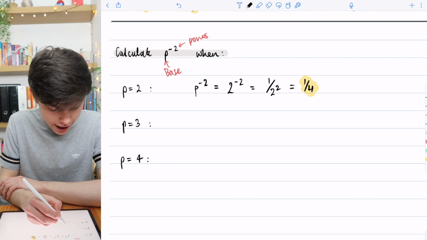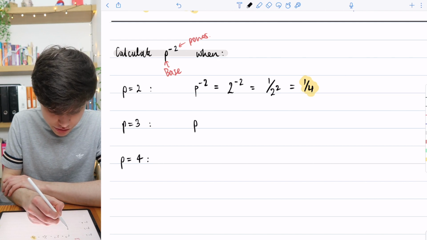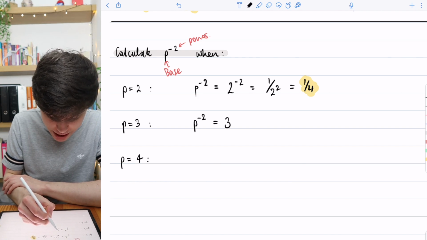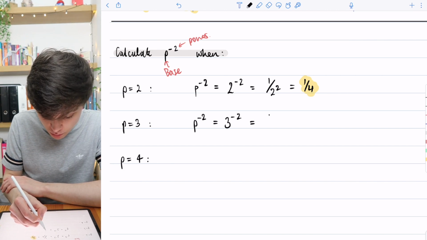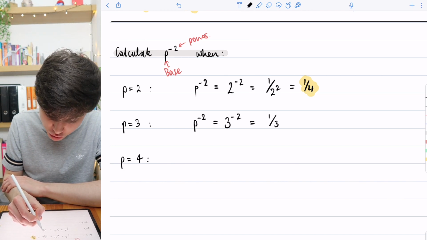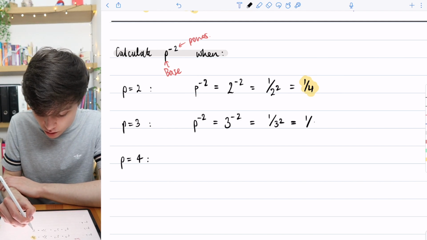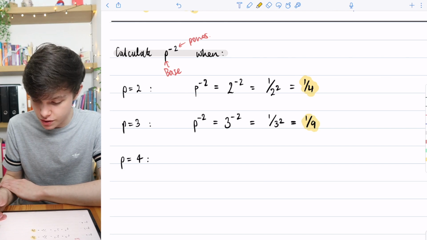Let's have a look at when p is 3. So p to the minus 2 will be 3 to the minus 2 when p is 3. And that's then going to be 1 over 3 to the power 2, or 3 squared, which will give me 1 over 9, because 3 squared is just 3 times 3.